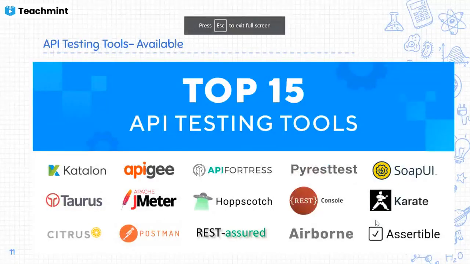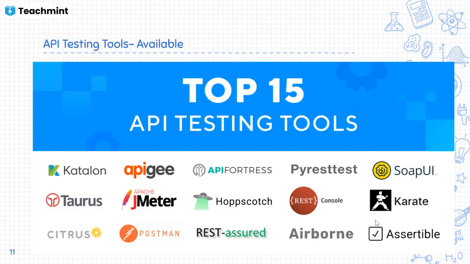Now, as we know, the next part is testing those APIs, right? The developer will just create the APIs. Now, how to test them? These are the top 15 API testing tools available in the market. This list is a mix of both free and paid licenses, and some of them are command line and some of them have a UI.